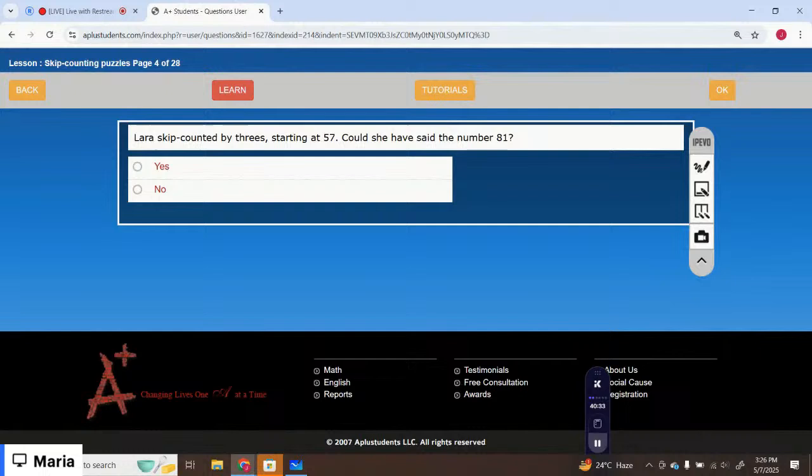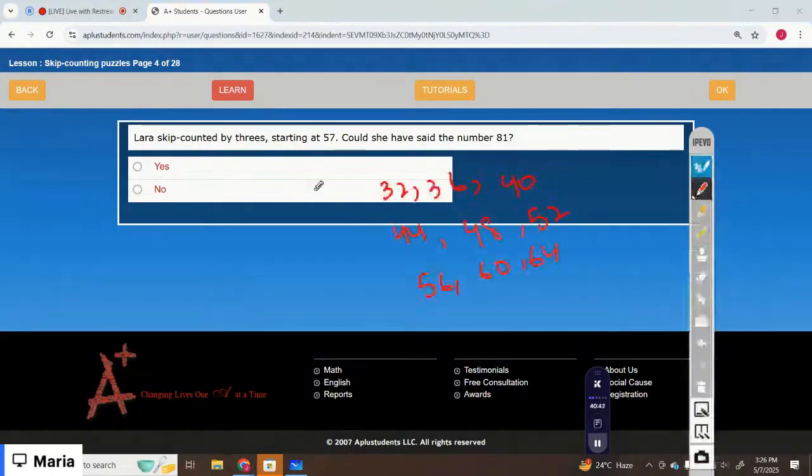Lara skip counted by threes, starting at 57. Could she have said the number 81? So let's start with 57 and keep adding the three, right? That is 57, 60, 63, 66, 69, 72, 75, 78, 81.